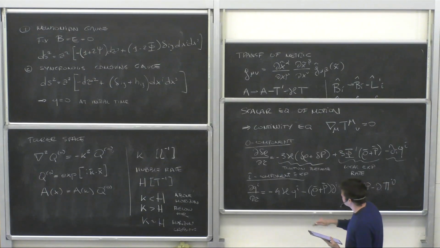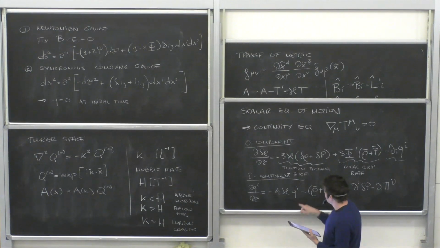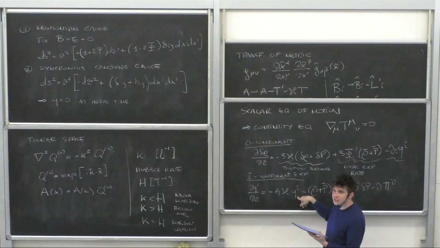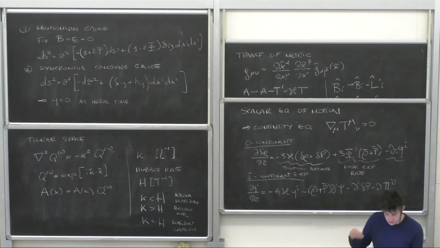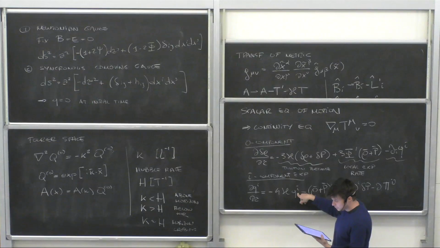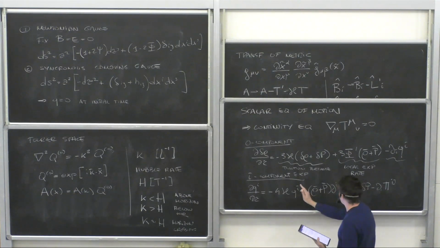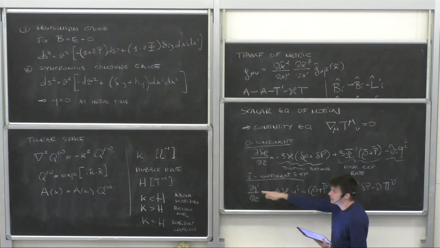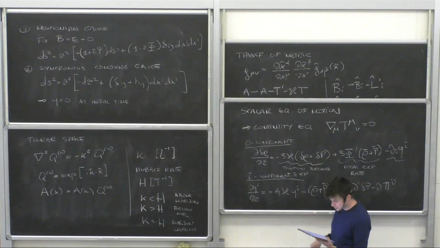Let's look at this first term. This is (ρ + p)v. But remember at the background we have seen that momentum decays: velocity decays like 1 over a, so momentum decays like a to the minus 4, which gives you this minus 4. Basically, if you ignore everything else, you would get that q decays like 1 over a to the 4th, and that's because it's momentum.